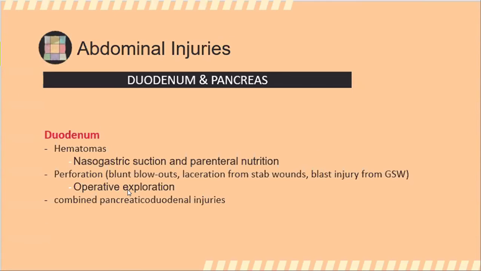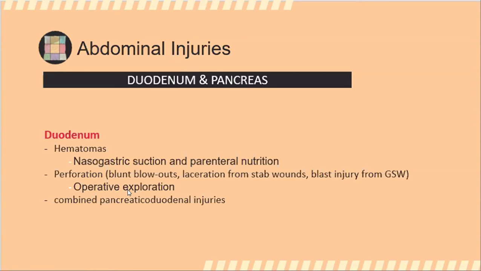So, next, we will discuss the duodenum. For minor duodenal injuries, hematoma. Usually, majority of duodenal injuries are caused by blunt abdominal trauma. Yung duodenum kasi natin, nasa retroperitoneum yan.